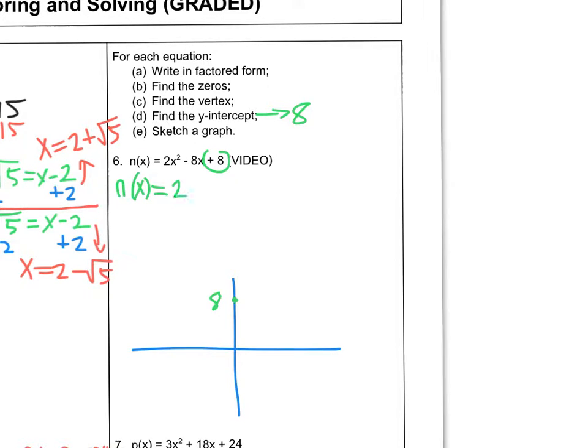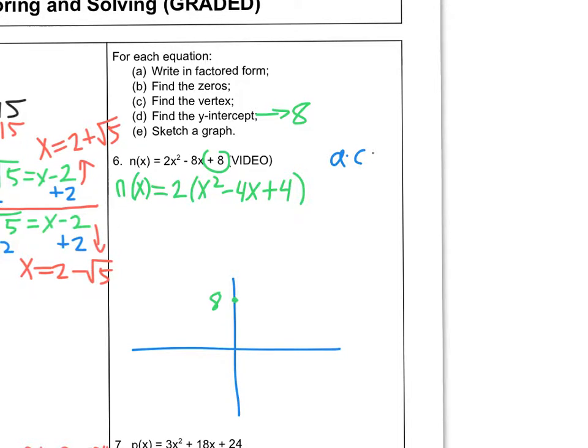Okay, writing in factored form, I notice that all these are divisible by 2. Let's start out by factoring out a 2 to make this a little bit easier to work with. That would give me x squared minus 4x and then plus 4. That's interesting, because I happen to notice that does look like a perfect square to me.